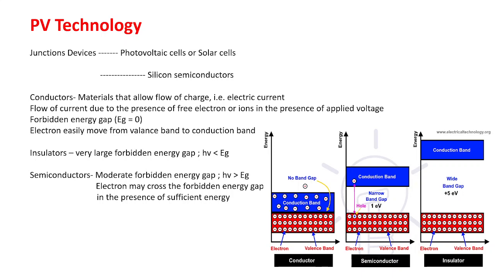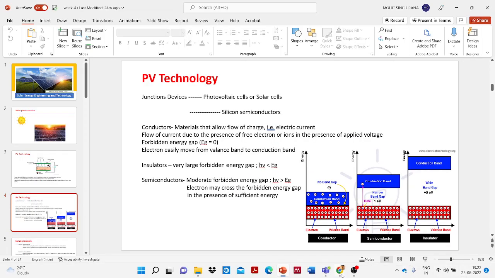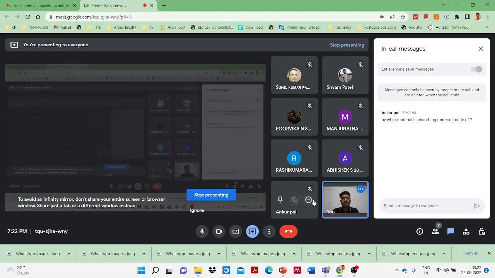Before going to semiconductors, we should know why we call a material a semiconductor and what the general properties of these materials are. If we know the properties, then we can identify the right material to use as a solar cell.